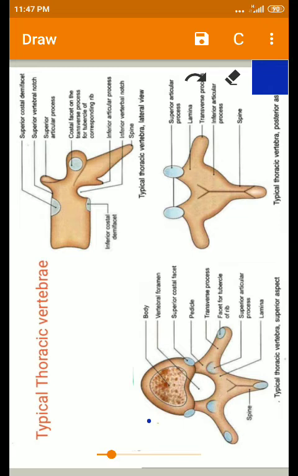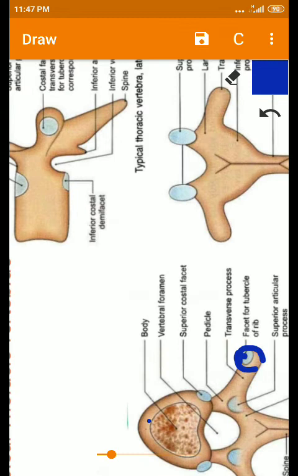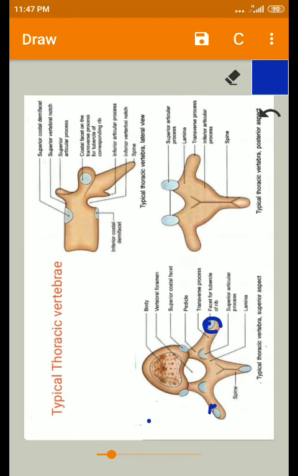You can see that normally the transverse process will not have any facets in a typical vertebra, but in the thoracic vertebrae there are another two extra facets present on the tips of the transverse processes, particularly on the anterior aspect of the transverse processes. By these features we can identify the type of the thoracic vertebrae.